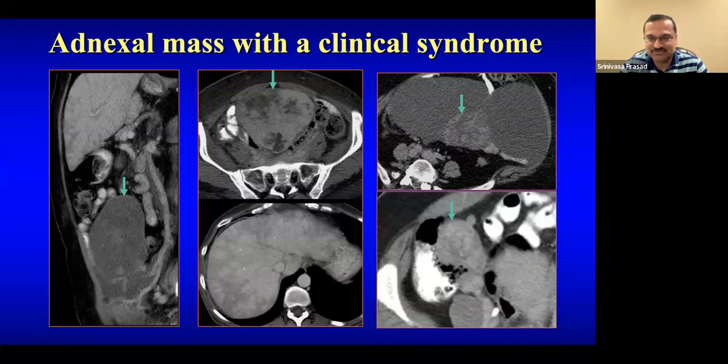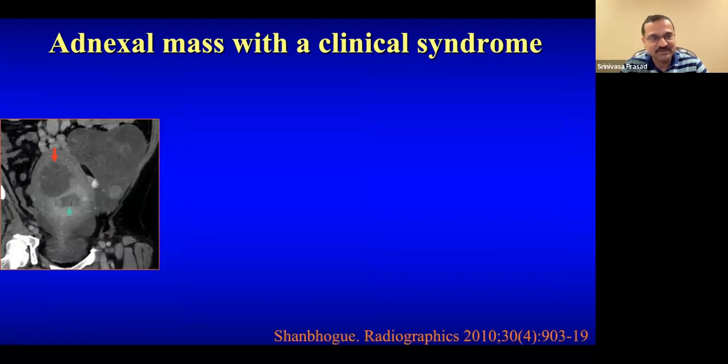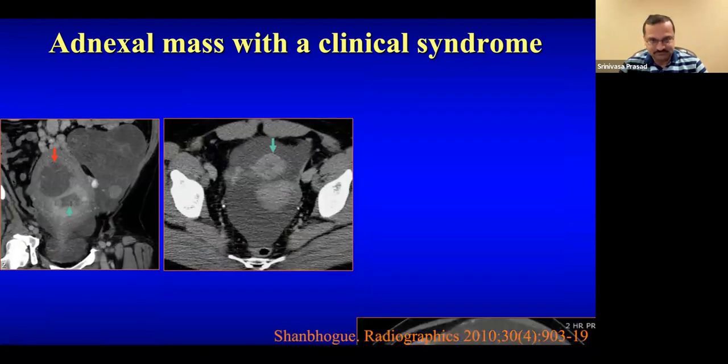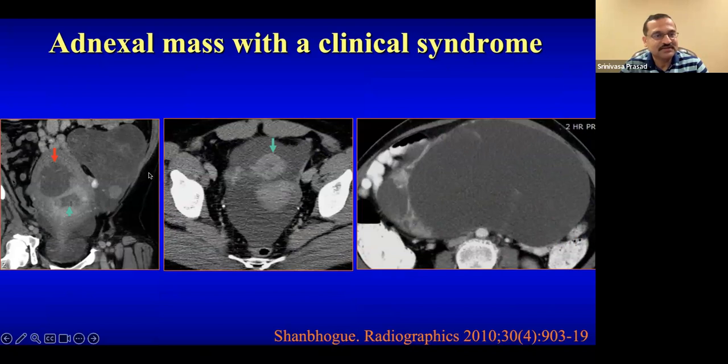And this was a patient who had elevated beta HCG levels due to a primary ovarian non-gestational choriocarcinoma. These three patients presented with specific clinical syndromes.